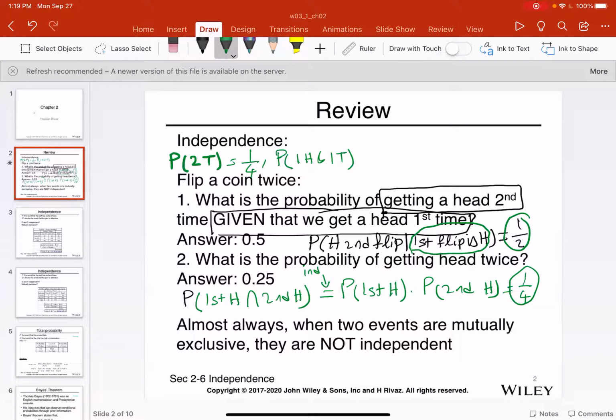We don't care if the first one is a head or the second one is a head, right? So that is going to be the probability of first head and second tail plus the probability of first tail and second head, right? So either first head, second tail, or vice versa. And that is going to be 1 divided by 4 plus 1 divided by 4, right? That's 1 divided by 2.